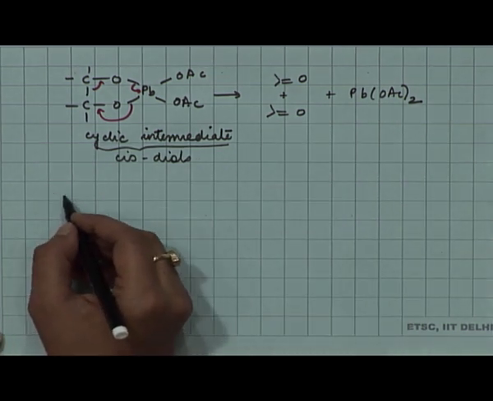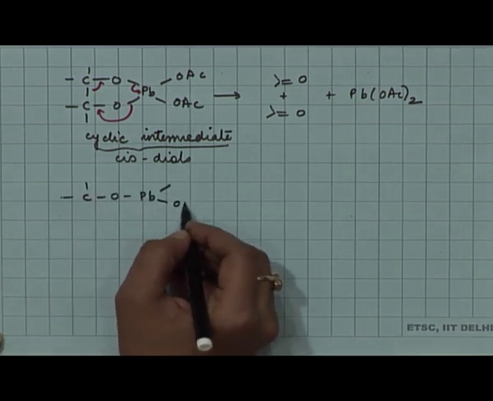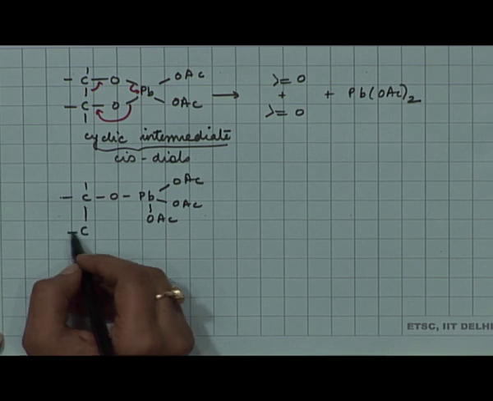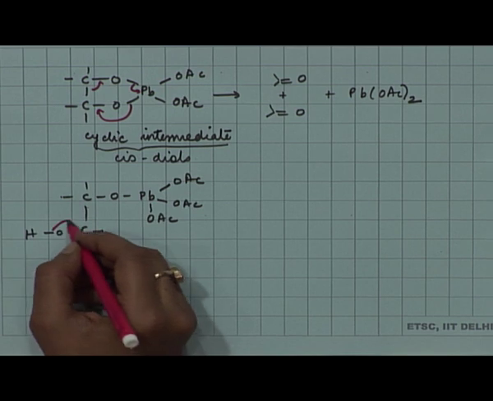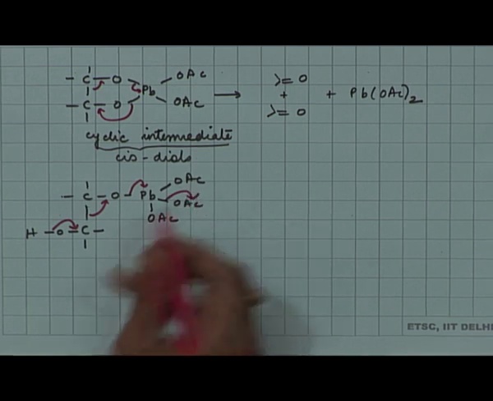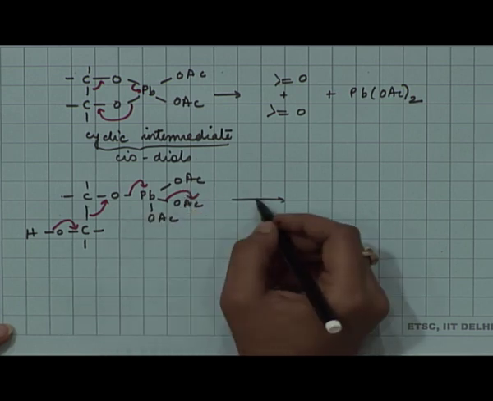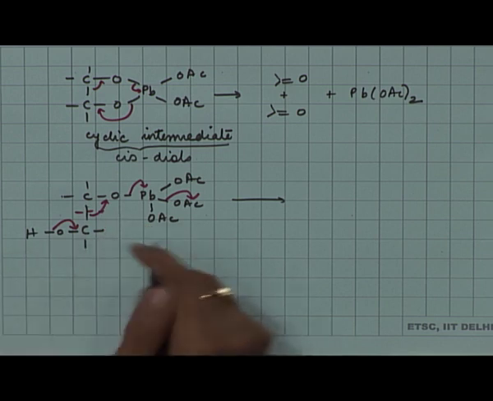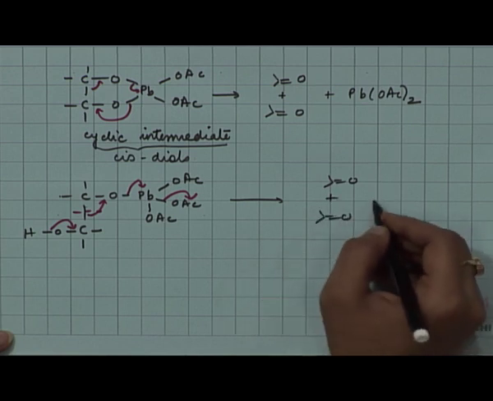What happens in case of trans diols? Once you generate this intermediate in the first step, now in case of trans diols, there is a possibility that the acetate loses in this manner and still you are able to get the complementary product with this carbon-carbon bond fission, which was not possible in case of HIO4, and still you end up with the same product mixture.